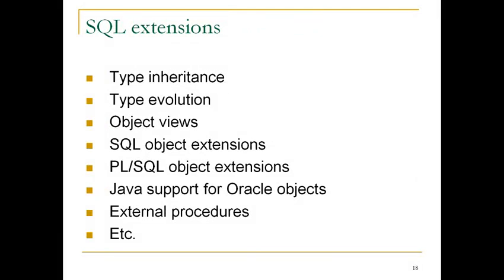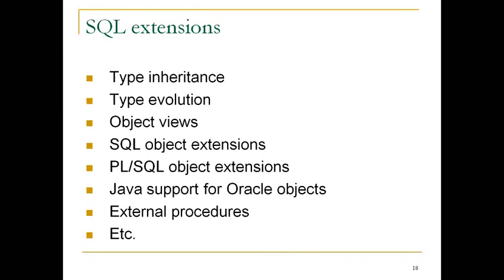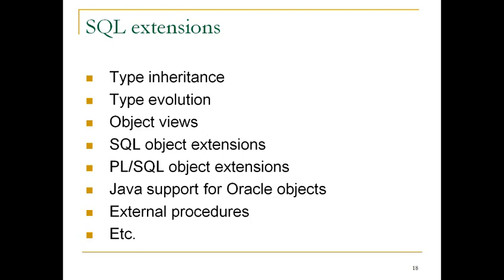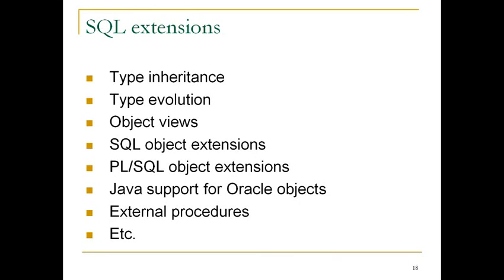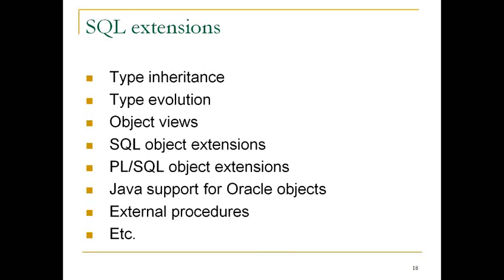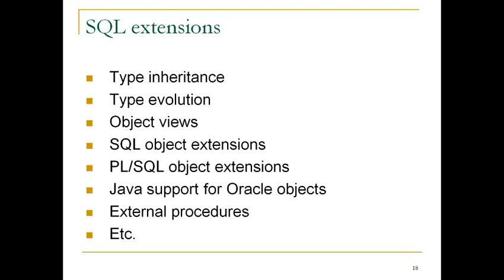Some things that are extended to provide this object orientation in relational databases are the following: inheritance, so that we can create a type based on another type, taking its attributes and methods; type evolutions, so that you can change your types over time, add new attributes, and so on; the SQL language is extended to cope with objects; and object views, so that you can create object-oriented views using relational tables, and so on.